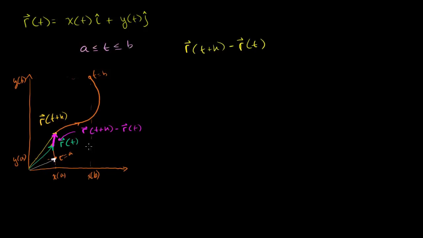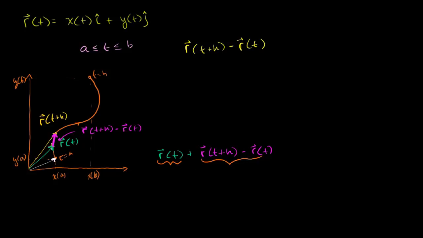And it should make sense, because when you add vectors, you go heads to tails. You could alternatively write this as r of t plus this character right here, plus r of t plus h minus r of t. When you add two vectors, you put the tail of the second vector at the head of the first.